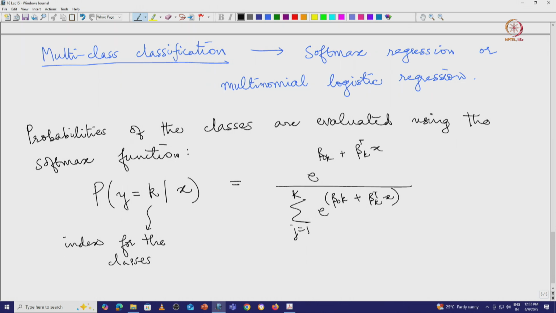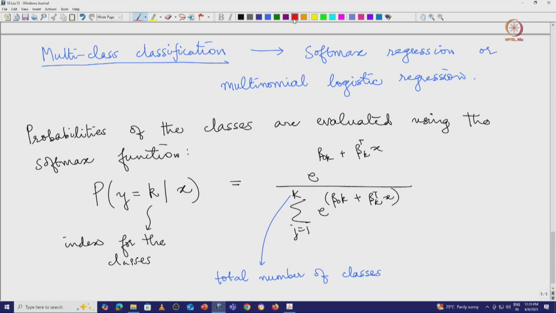And like I said, this capital K is the total number of classes, while the lowercase k is an index for the classes.